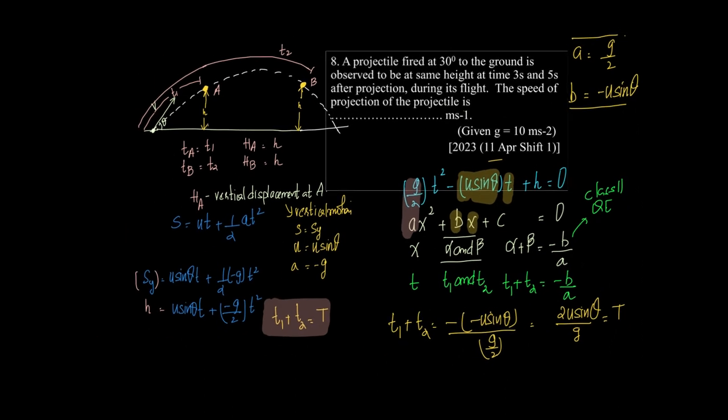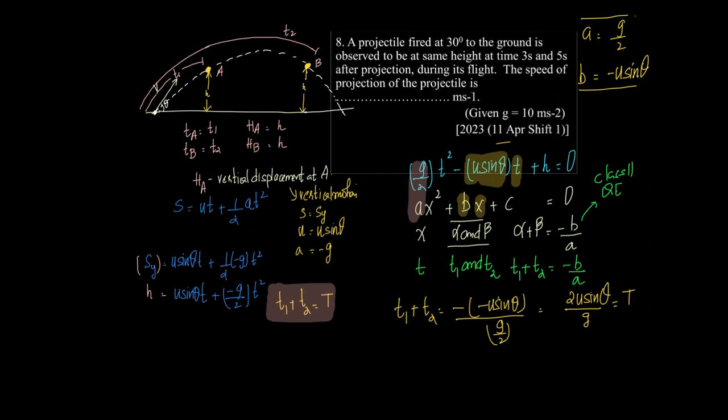Now, if t1 plus t2 is equal to whole time T, from the given equation here, what do we have? t1 is given to us as 3 seconds, and t2 is given to us as 5 seconds, which means t1 plus t2, 3 plus 5, is equal to time of flight, which is given by the formula 2u sine theta upon g.